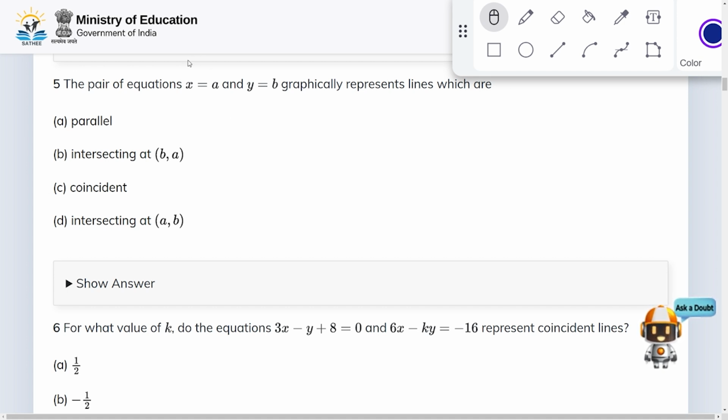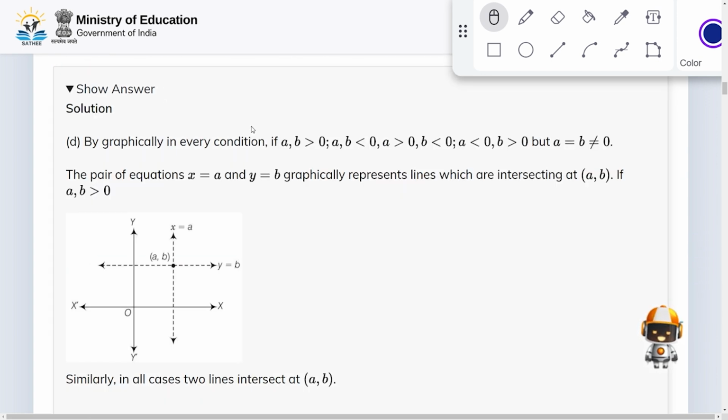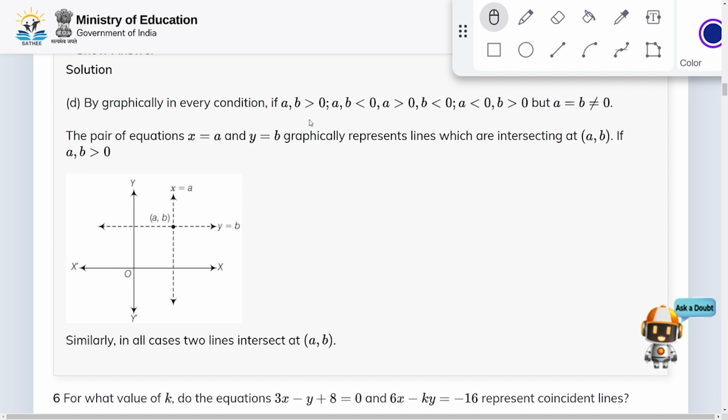First of all, we have to draw the graph of this pair of linear equations. Whether a and b are both positive, both negative, or one positive and one negative, but a and b not equal to 0, the pair of equations x equal to a and y equal to b graphically represents lines which are intersecting at the point a comma b.